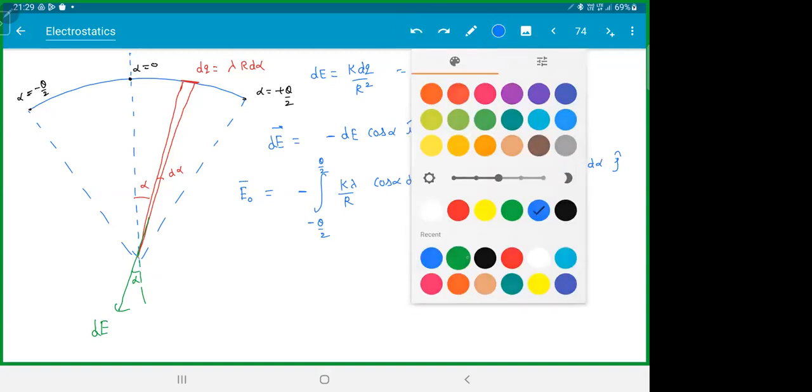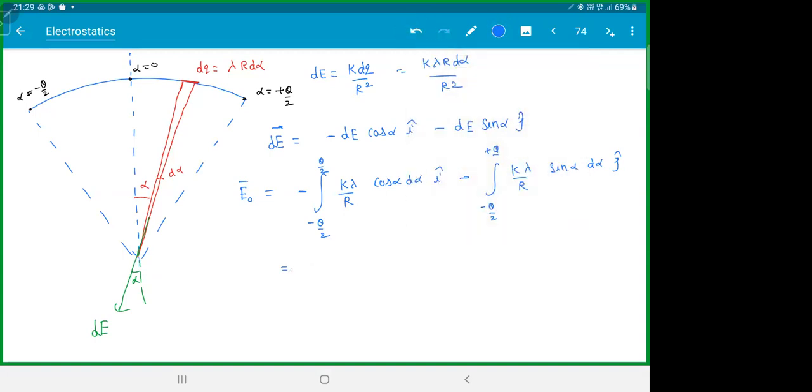So when you actually integrate this stuff, you will end up with minus k lambda by r, this will be sin alpha limits minus theta by 2 to theta by 2 i cap, minus k lambda by r cos alpha theta by 2 to minus theta by 2. I goofed up somewhere.